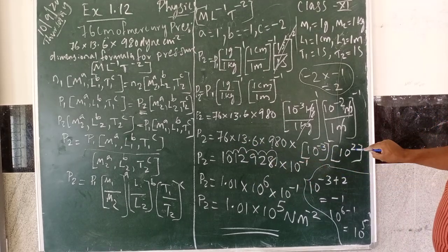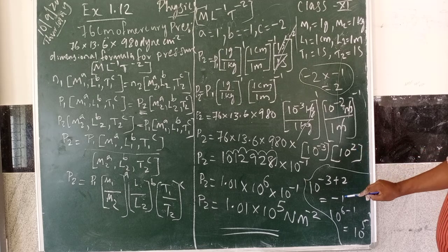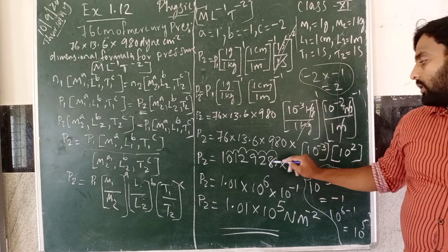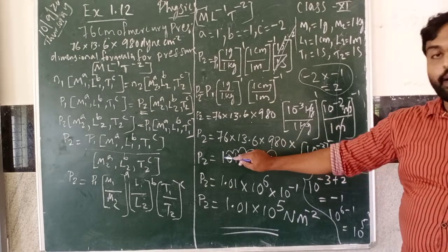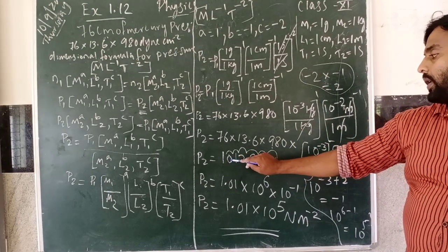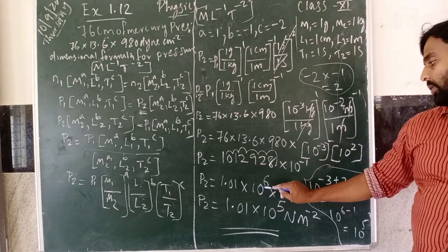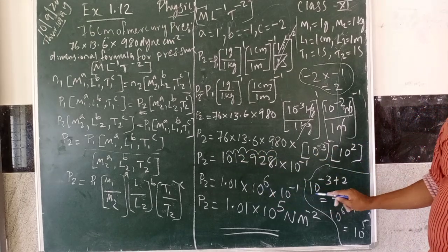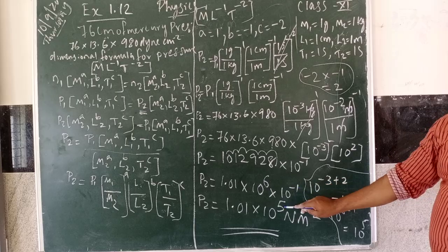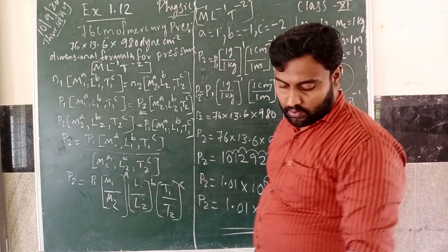Here 10 to the power minus 3, 2, and you are adding minus 1. Change this decimal point. Write in scientific form, 1.01 into 10 to the power 6. Then 6 minus 1 is what? 5.